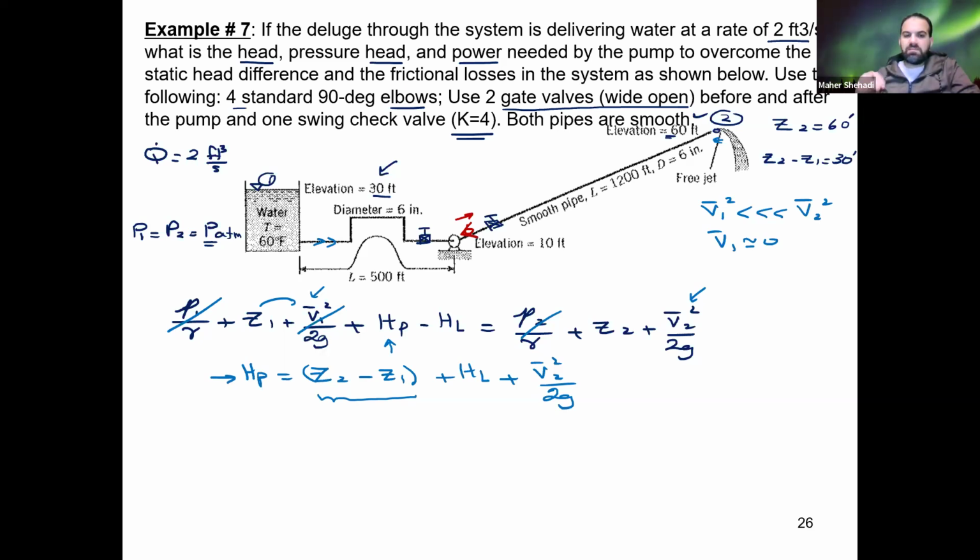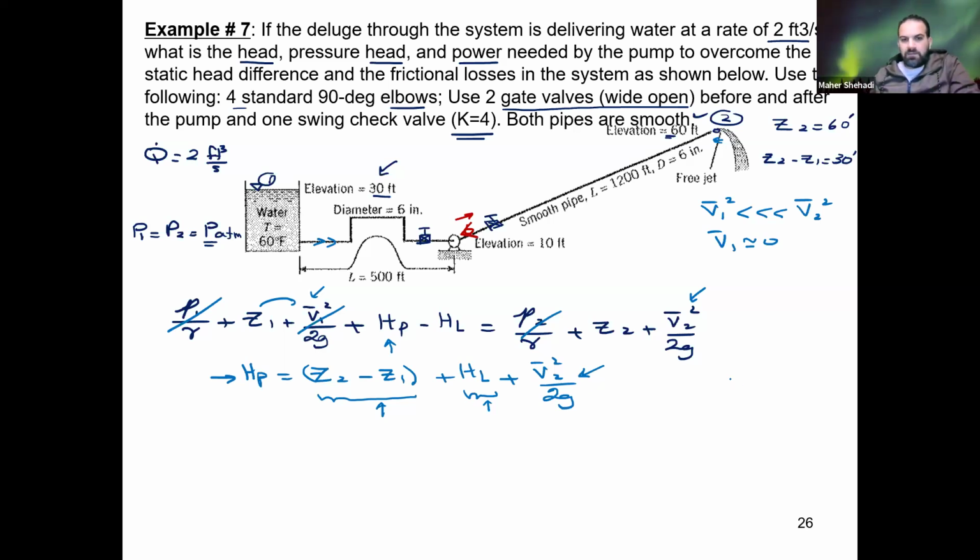If Z1 was above Z2, then we will have this as negative, so it decreases, or it helps the system by reducing the pump requirements. So it needs to overcome the static elevation difference. Also, it needs to overcome any frictional losses, the head loss. And it needs to supply or give us an output velocity at point 2.